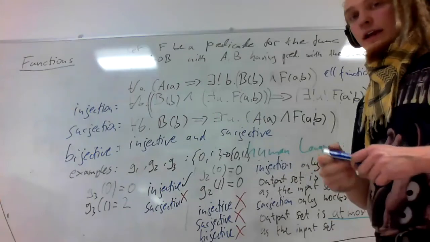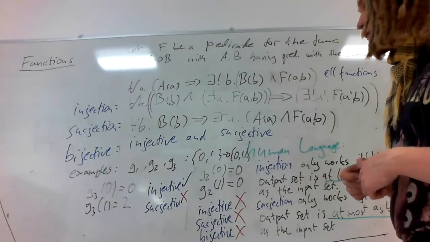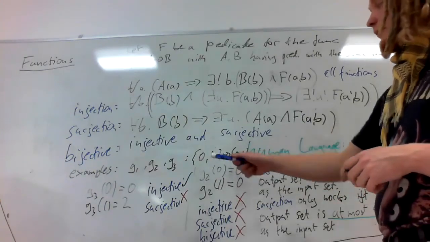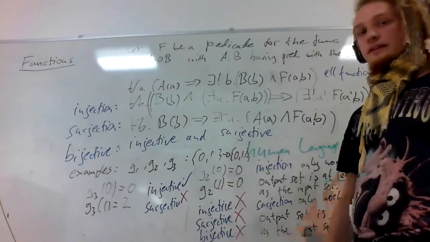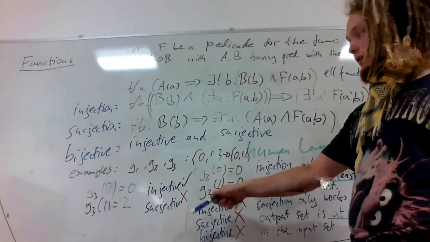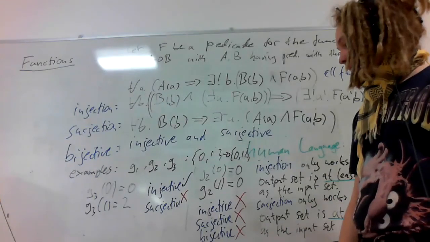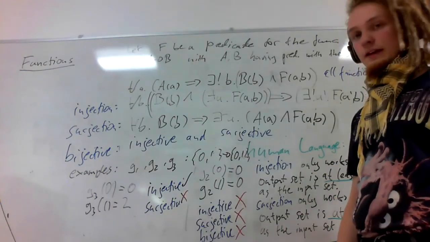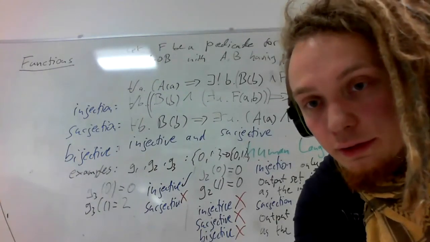As an example for your homework, try coming up with functions that have bigger sets over here that are injective but not surjective, or only surjective but not injective. Then let me check the last questions.